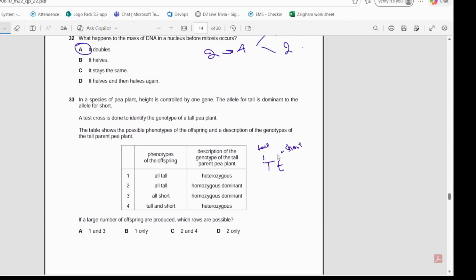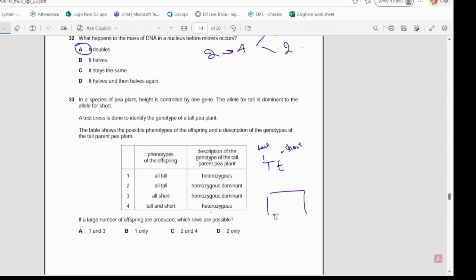Okay. The very first thing for a test cross, we use the heterozygous parents. So if we use heterozygous parents, what would be all short, and they can be heterozygous.